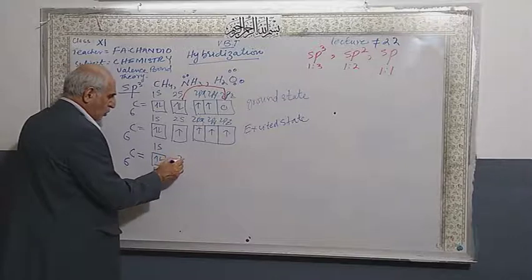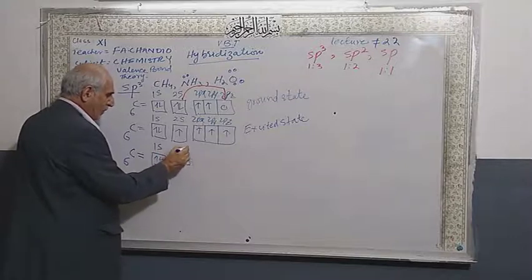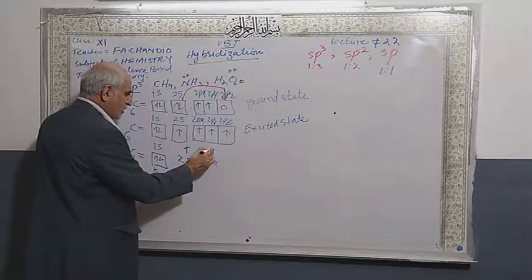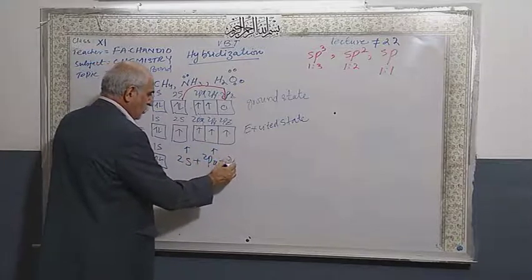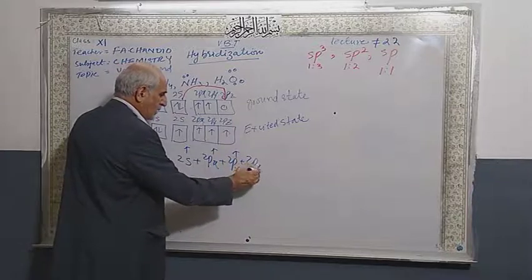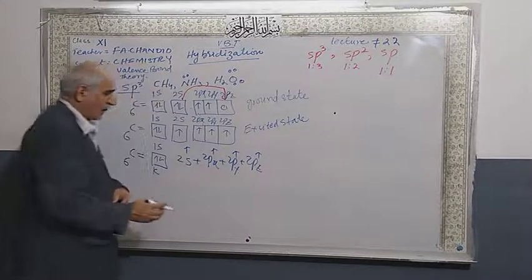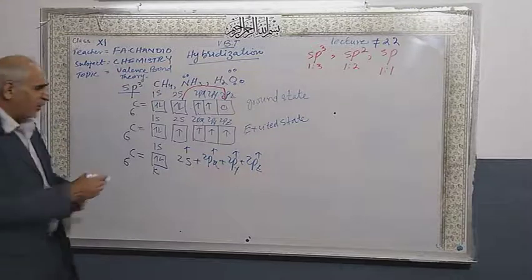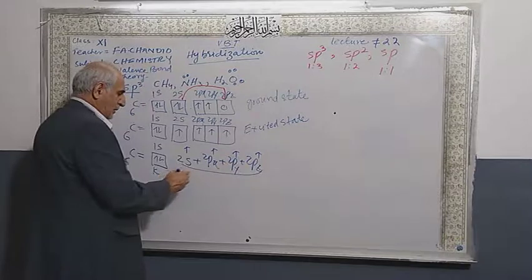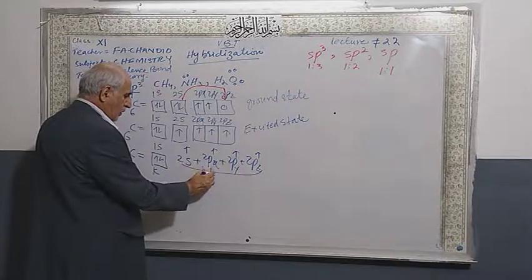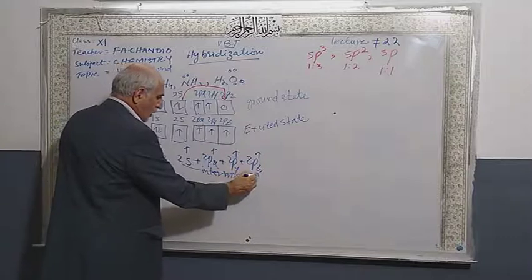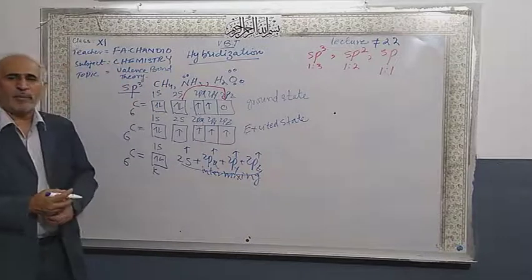So 2s1 plus 2px1 plus 2py1 plus 2pz1, they are going to intermix. There is an intermixing of atomic orbitals.